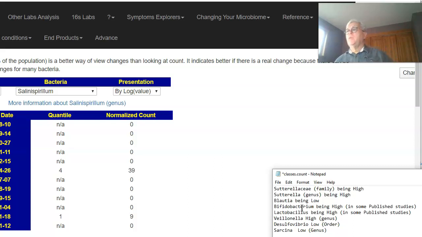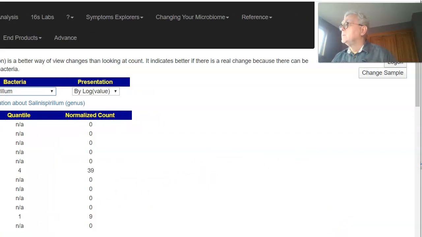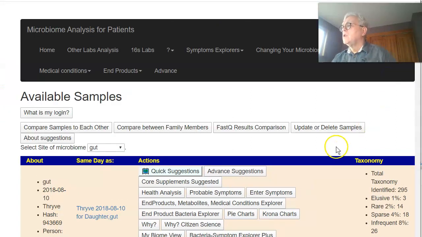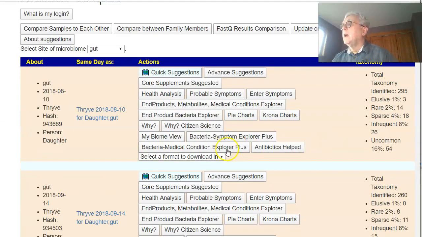Okay, the next thing I'm going to do is just flip through and look at the predicted symptoms. So I'm going to go back to change samples, and I'm going to look at the very first one. And probable symptoms use citizen science, because I have far more data available than from published studies to attempt to predict symptoms.